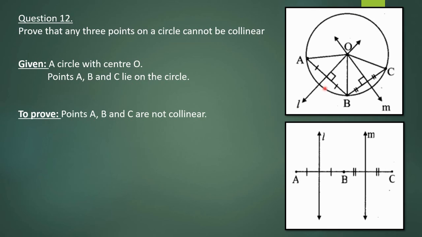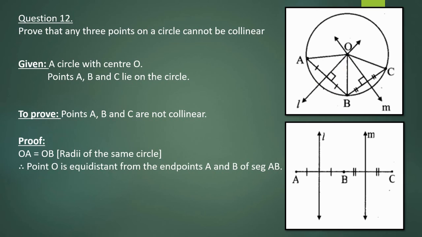In the circle, OA equals OB, as they are the radius of the same circle. Therefore, point O is equidistant from the endpoints A and B of segment AB. So point O lies on the perpendicular bisector of AB, by the perpendicular bisector theorem.